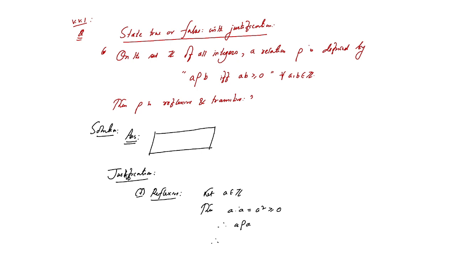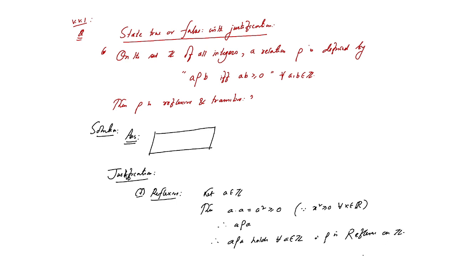Here A belongs to Z is arbitrary, so we can conclude A rho A holds for all A belongs to Z. Since x square is greater than or equal to 0 for all x belongs to R, that result we know. So our conclusion is rho is reflexive on Z.